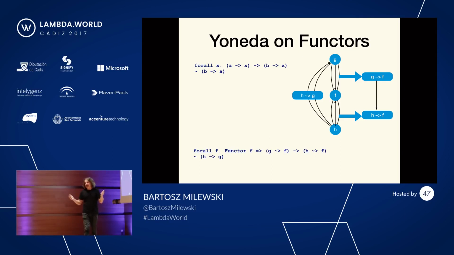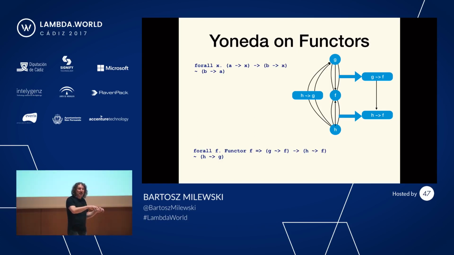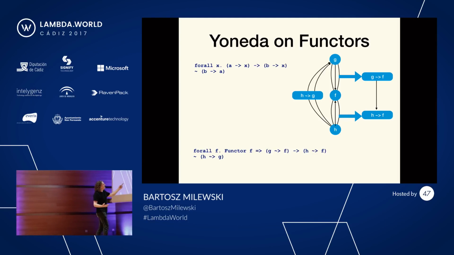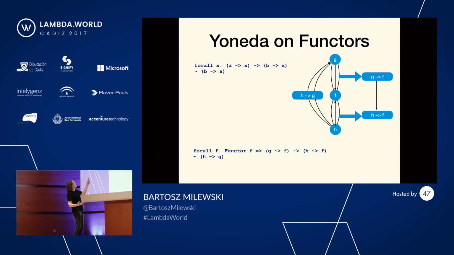And since they form a nice category, the Yoneda lemma applies to them as well. So I can take the same Yoneda lemma, replace my x with a functor, and I replace my functions with natural transformations, and I get a Yoneda lemma in the functor category. So above is Yoneda lemma. Here's the Yoneda lemma in the functor category. You see what changed? I just renamed these things so that they look more like functors. I replace a and x with g and f, right?